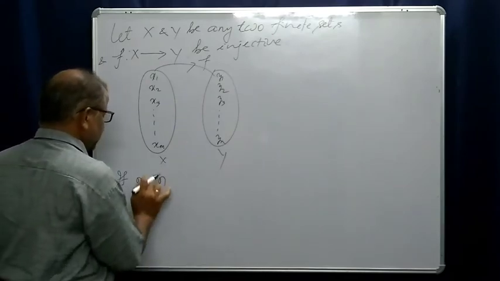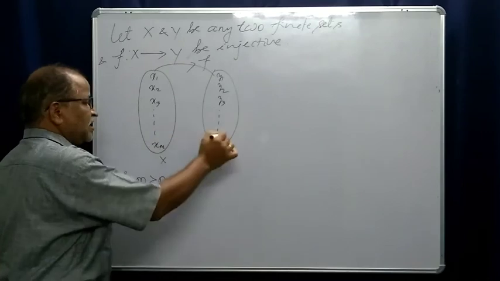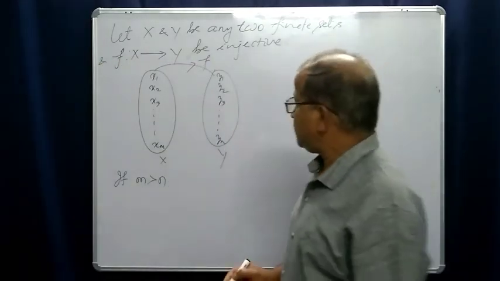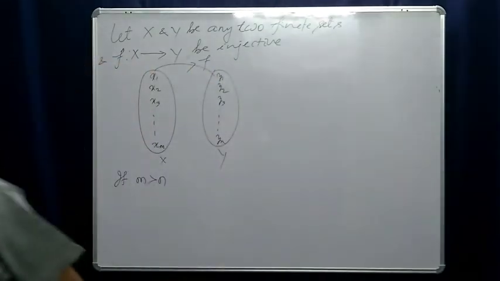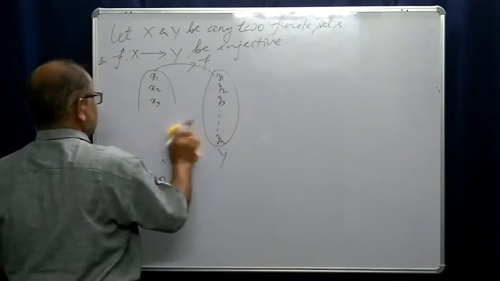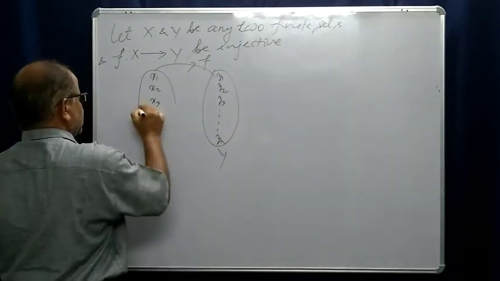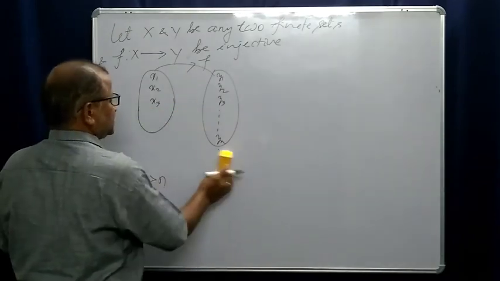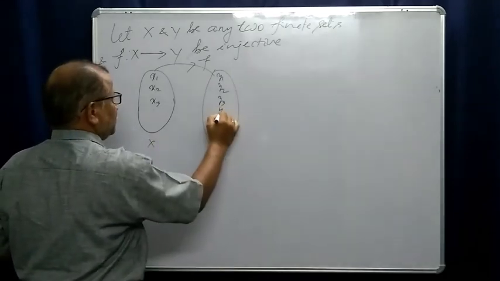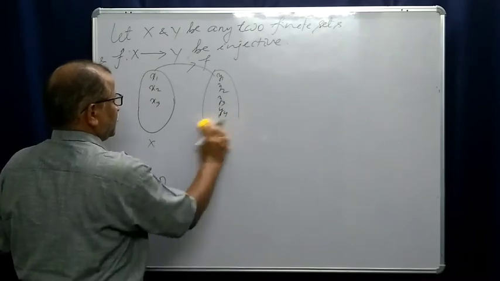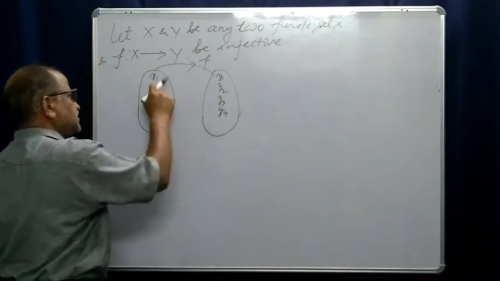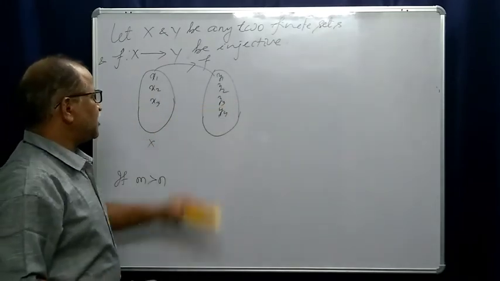If m is greater than n, then you cannot form an injective function. Why? Suppose x has 3 elements, x1, x2, x3, and y has 4 elements, y1 to y4.